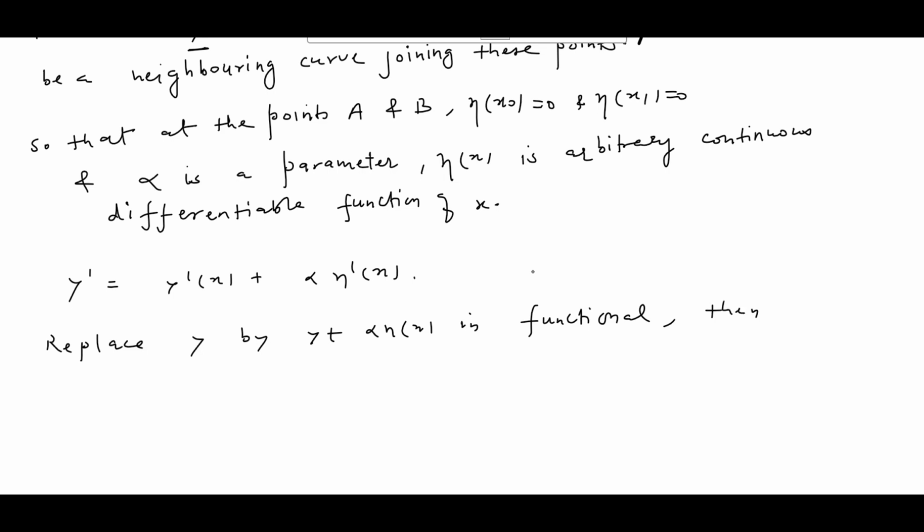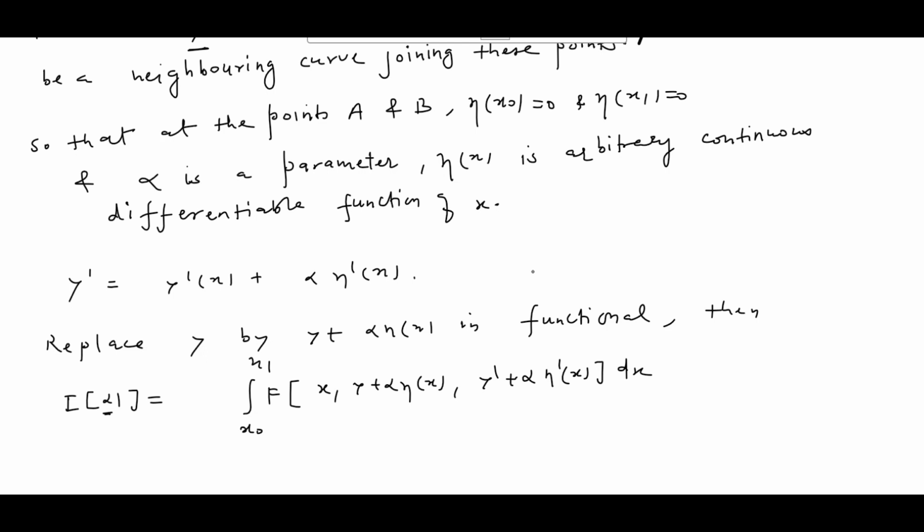Then the functional in terms of alpha will be the integral from x0 to x1 of capital F of x comma y plus alpha times eta of x comma y dash plus alpha times eta dash of x dx, because this functional depends on the parameter alpha.